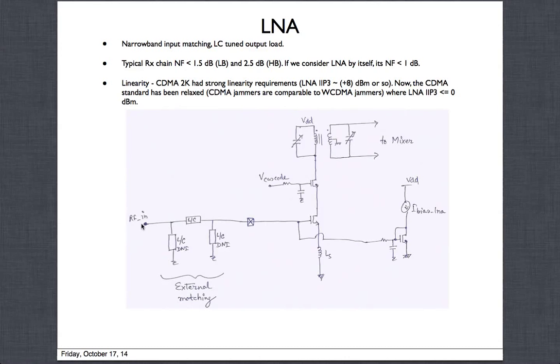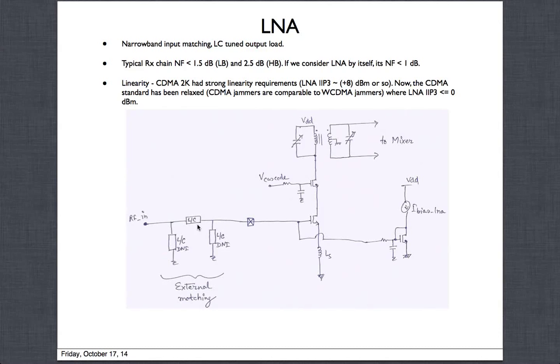Okay, so if I start from the left, this is on my PCB board. So I come in, and typically they have an external matching circuitry. This is what I'm trying to show as a 3-element matching. Sometimes you might need more than 3 elements, you might even have 5 elements, but let's just keep it to 3 elements for now. So they will have these slots to put either an inductor or a capacitor or a resistor in these slots.